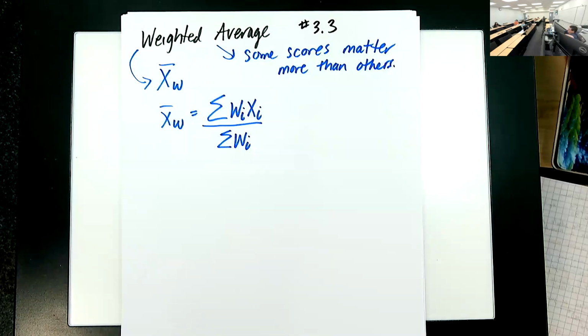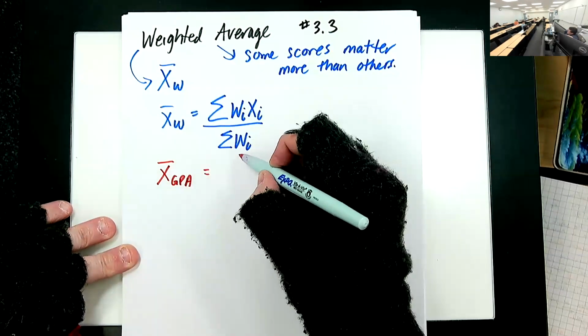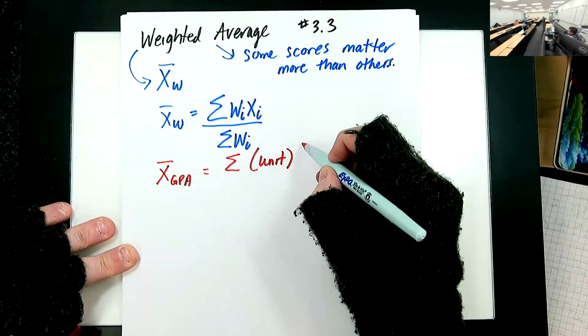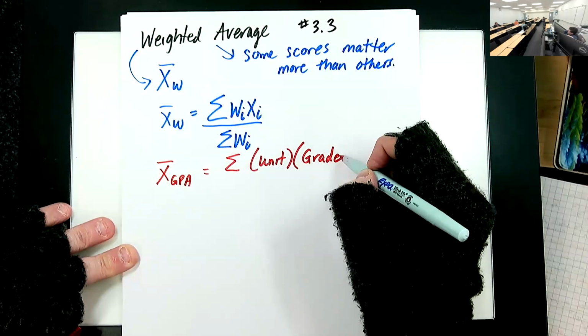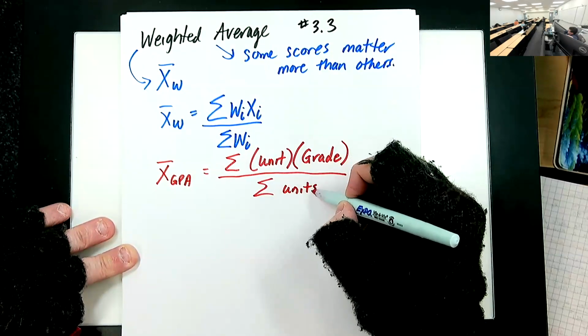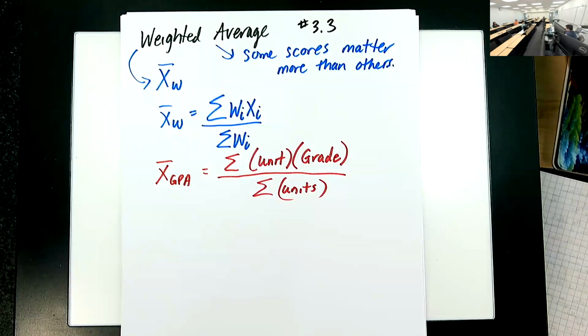When you're doing this for GPA, the X bar for GPA is the sum of the units per class times the grade in that class, divided by the total number of units you've taken. So let's just do an example.